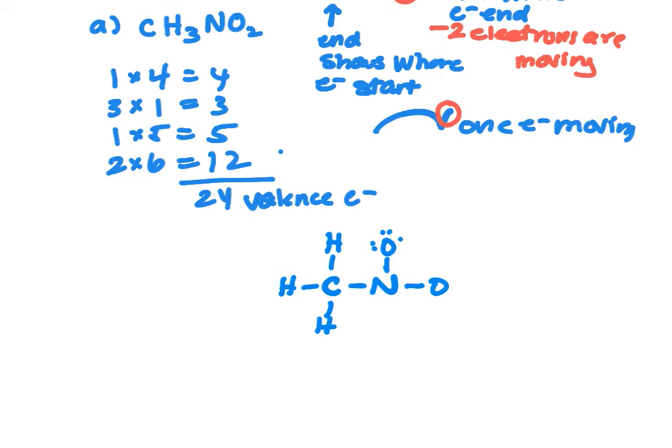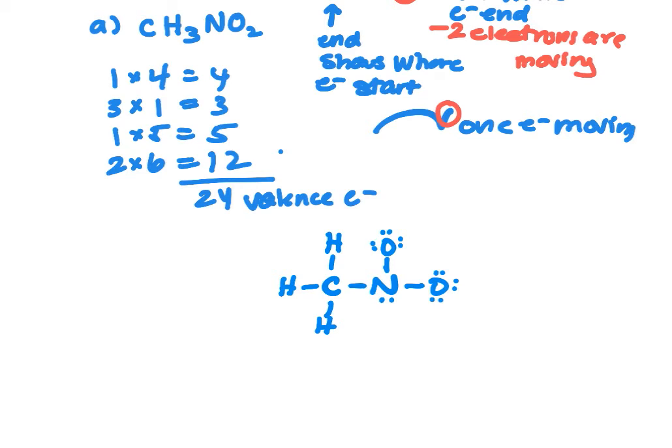So I'm going to put lone pairs so that everything has an octet. Again, practice this skill of drawing Lewis structures. Let's do a count. We have 2, 4, 6, 8, 10, 12 bonding electrons, 14, 16, 18, 20, 22, 24, 26. We have too many.